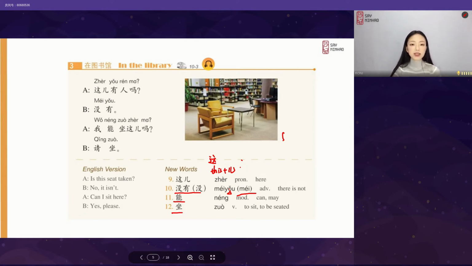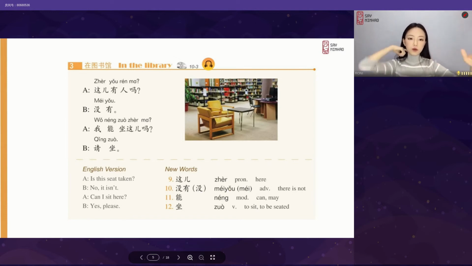If I want to say please sit here, then it is 请坐这儿. Okay, now let's try to read it from the start. Each twice. 3, 2, 1. 这儿, 没有, 能, 坐.